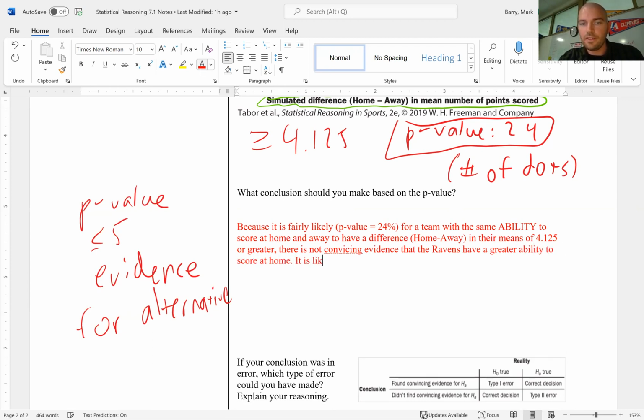It is likely that they scored more at home in this season because of random chance.